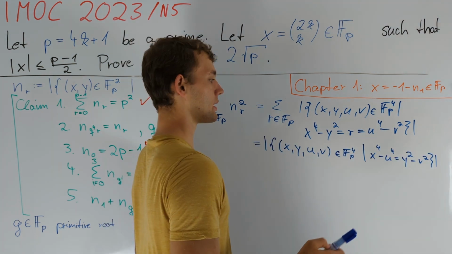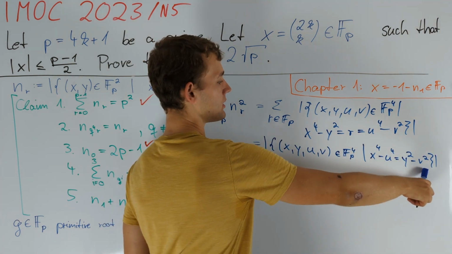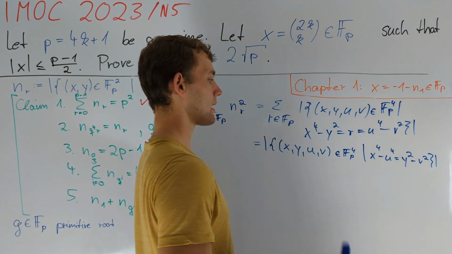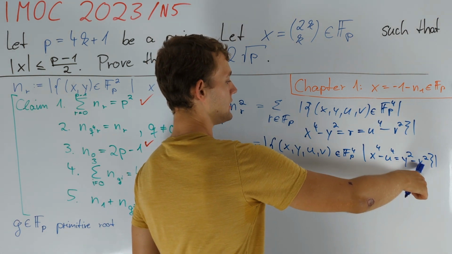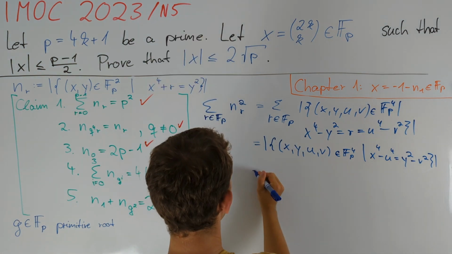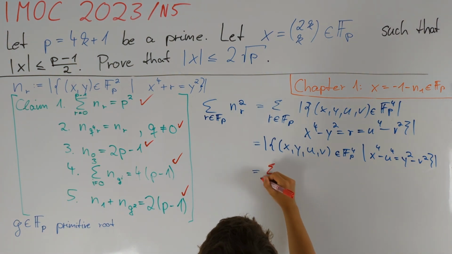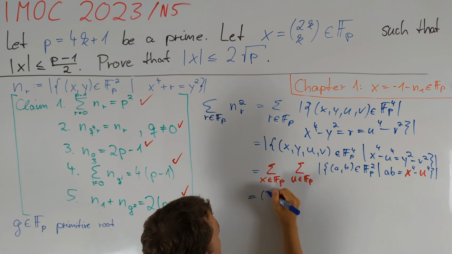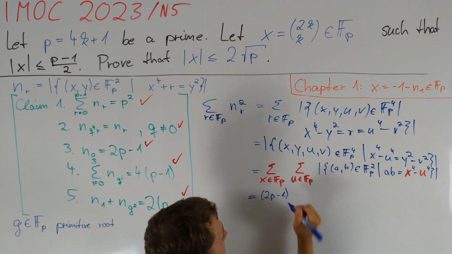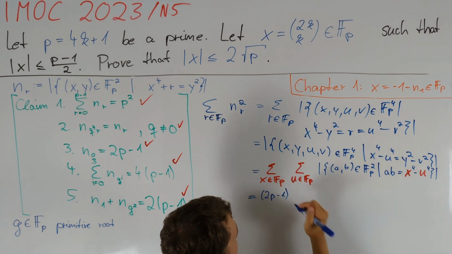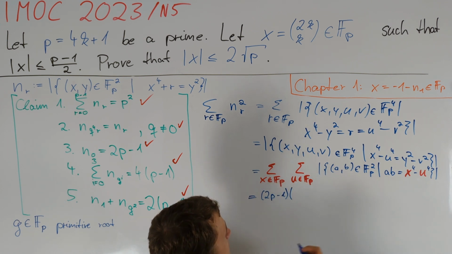After rearranging the equality such that the second powers are on the right side, we can again change the y squared minus v squared into a product. Moreover, by summing over the possible values of x and u, we can simplify the counting. As before, we have 2p minus 1 possible values for a, b if the right side equals 0. For x equal to 0, there's one possible value for u, namely 0.